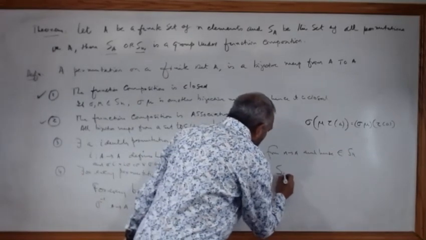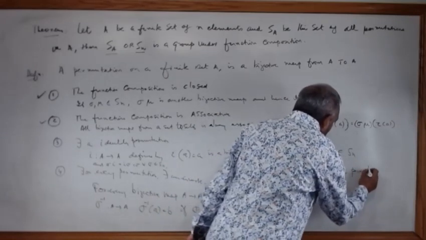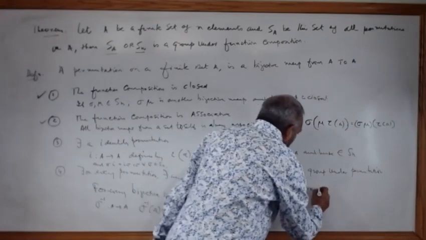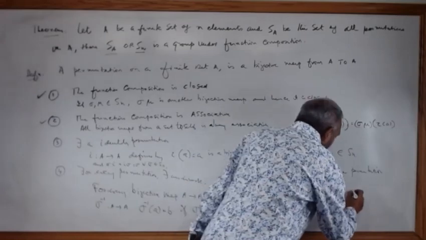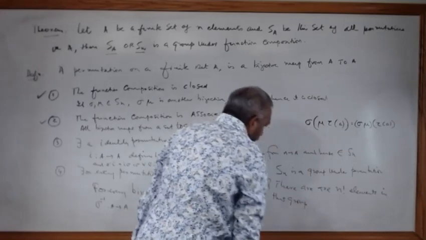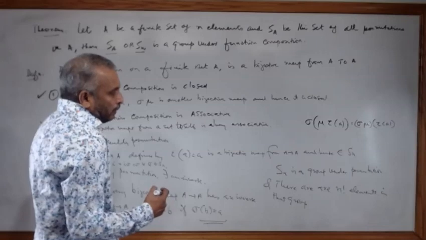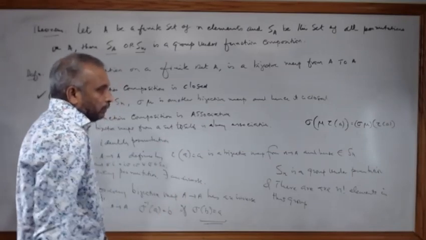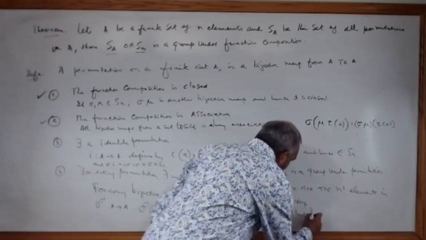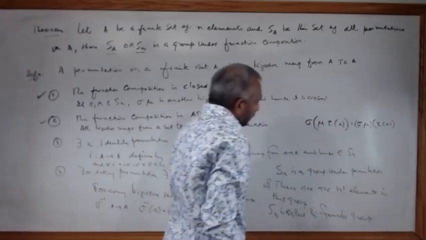So Sn is a group under permutation, and there are n factorial elements in this group, because the number of ways n elements can be arranged from n elements is n factorial. And Sn is called the symmetric group.